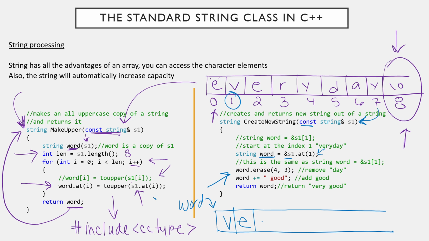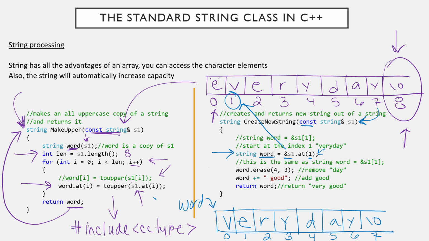V, E, R, Y, D, A, Y, null character, 0, 1, 2, 3, 4, 5, 6, 7. So that's all we did right here with this instruction: we created a new word. We started at index 1, which is right here, index 1, and we copied it. Starting from there, we copied it all into here.